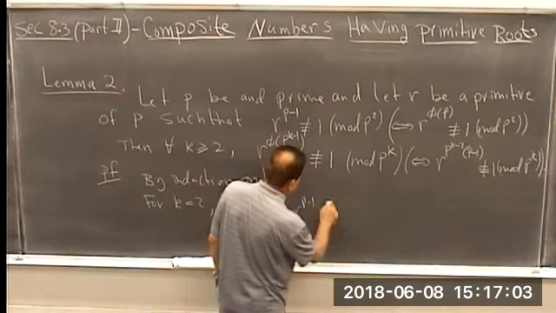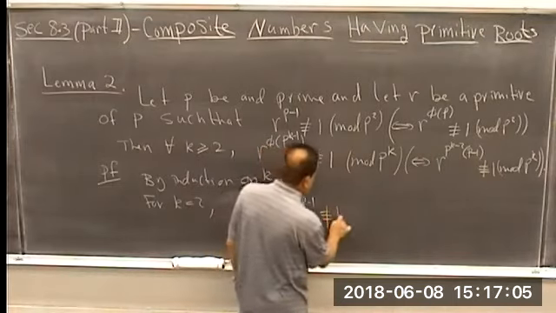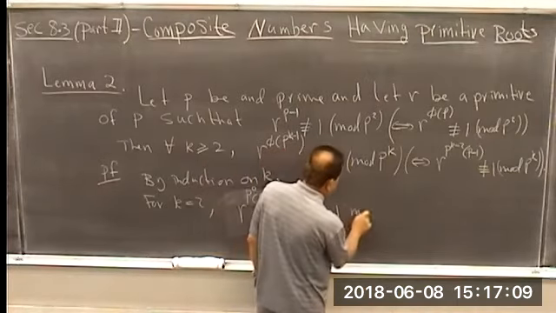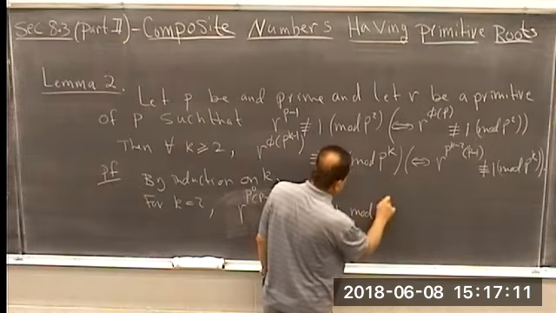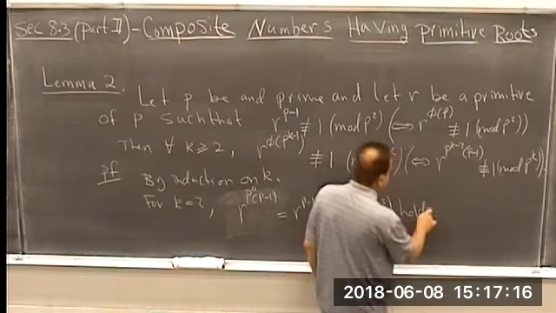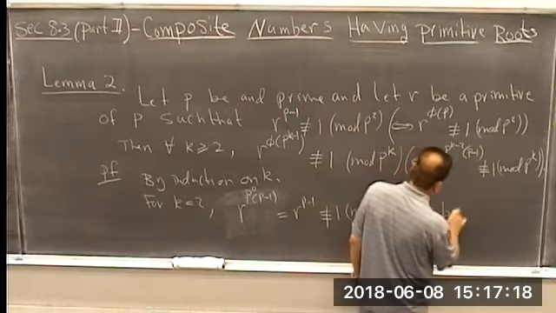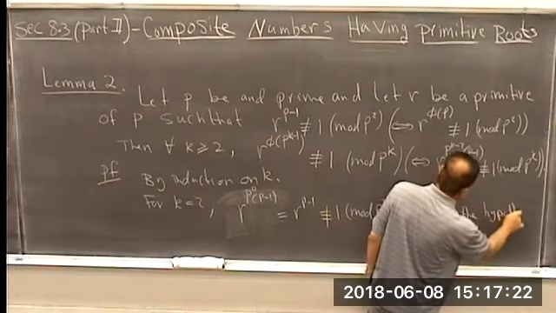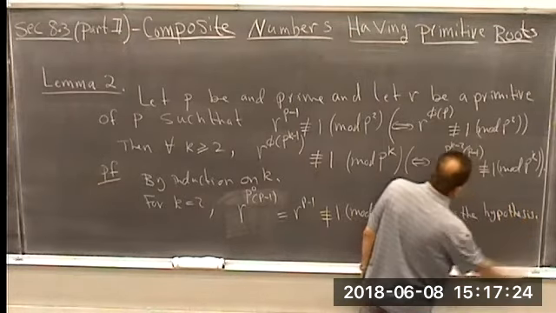I know by hypothesis that this is not congruent to 1 mod p squared, because k is 2. So this holds by the hypothesis.